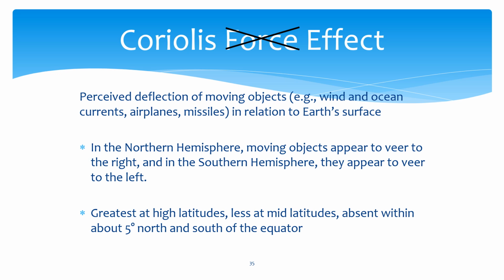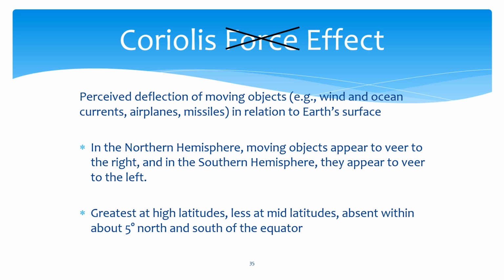Two things you need to take away from this slide, important to know about the Coriolis effect. In the northern hemisphere, moving objects appear to veer to the right, and in the southern hemisphere, they appear to veer to the left. Northern hemisphere right, southern hemisphere left.